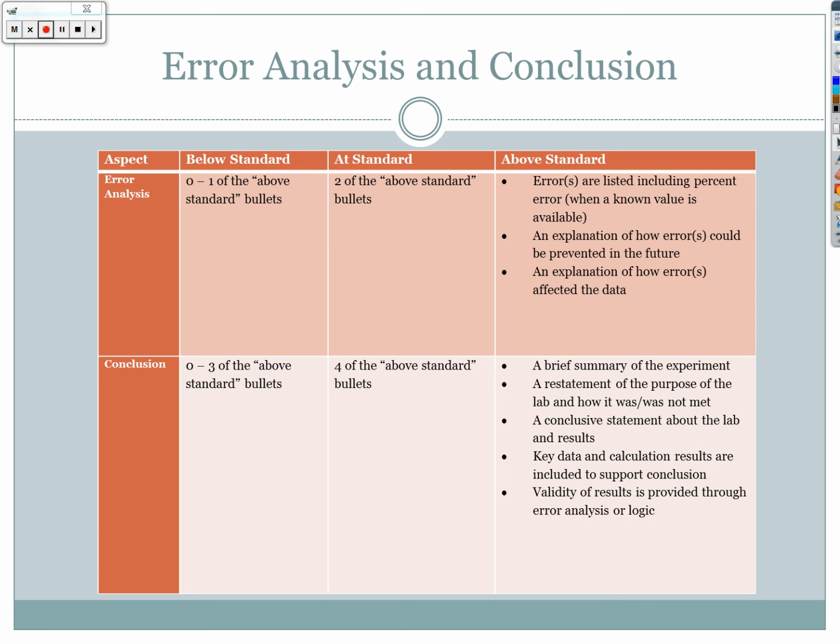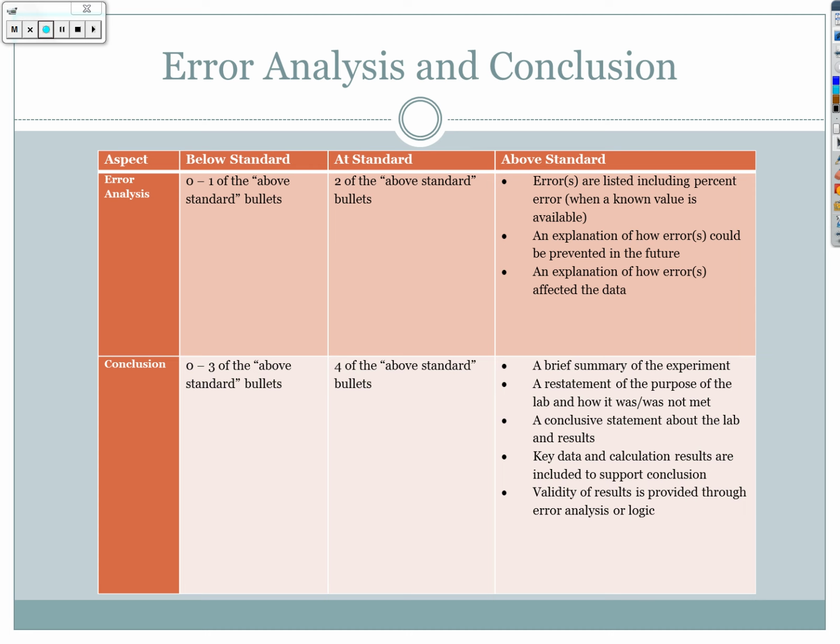And for the conclusion, for it to be above standard, you'll have a brief summary of the experiment, a restatement of the purpose of the lab and how it was or was not met, a conclusive statement about the lab and results, meaning this is what I found, this is what it means. Key data and calculation results are included to support your conclusion.